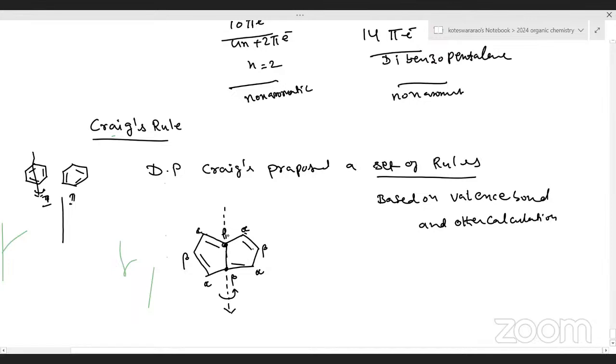Whenever you rotate this molecule by 180 degrees, this alpha position occupies this position, this alpha occupies this position, this beta occupies this position, and this beta occupies this position. That means you are rotating the molecule by 180 degrees across the axis. As far as possible, we assign the spin symbols alternately. The spin symbols are given to the ends of all the double bonds in the Kekulé structure.